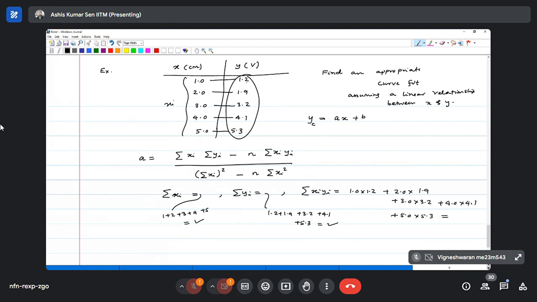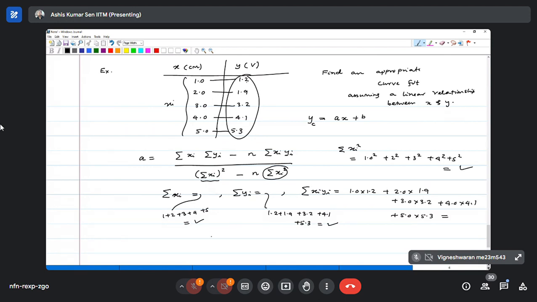And sum xi if you know, then sum xi square you know. And the only other thing you need to know is sum xi square. Sum xi square, how do you get? So basically 1 square plus 2 square plus 3 square plus 4 square plus 5 square. So you can calculate this. Okay.